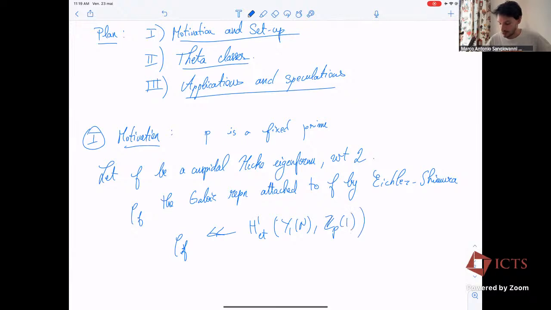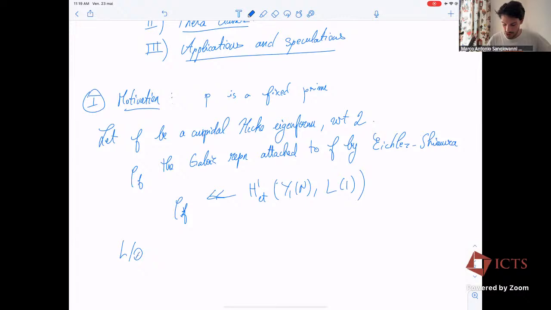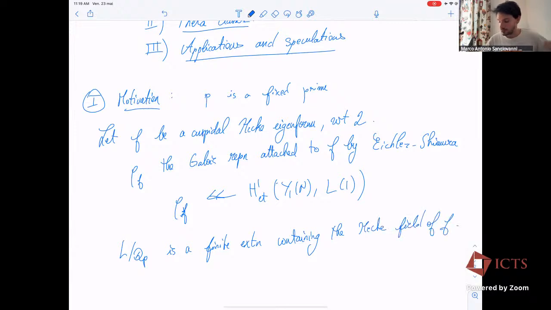And so here the coefficients should be L, where L over Q_p is a finite extension containing the Hecke field of f. Okay.